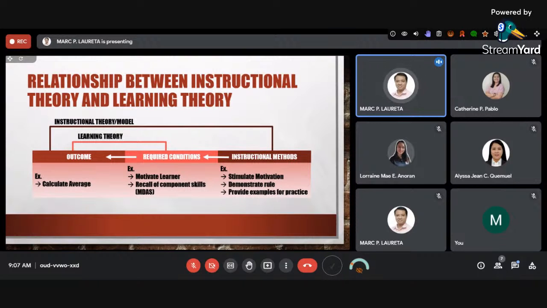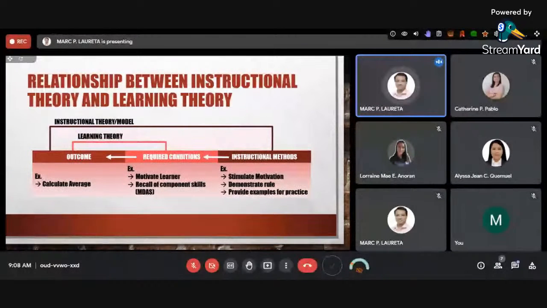So if we look at the lines above, it is very clear that instructional theories are different from learning theories. Learning theories will tell us the conditions to be met in order to attain certain learning outcomes. But learning theories cannot tell us what methods, what strategies we can use in order to develop certain conditions, therefore attaining learning outcomes.